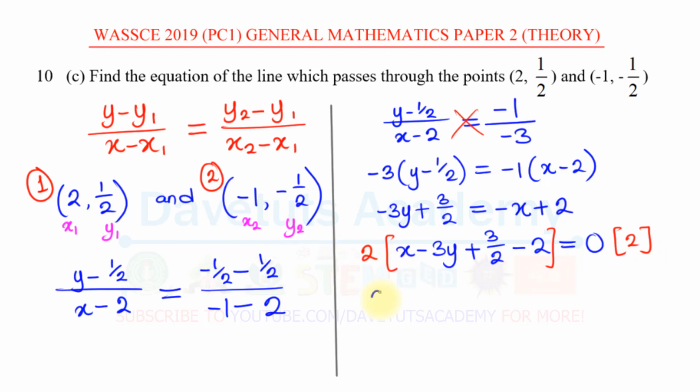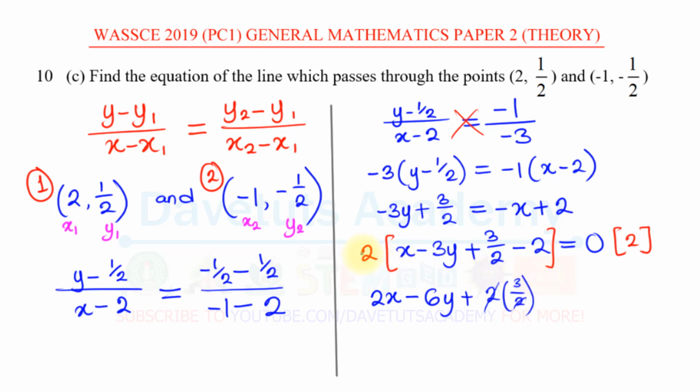2 times x is 2x. 2 times minus 3y is minus 6y. 2 times 3 over 2, it will be plus 2 multiplied by 3 over 2. We see these two, cancel these two, so that we have only 3.